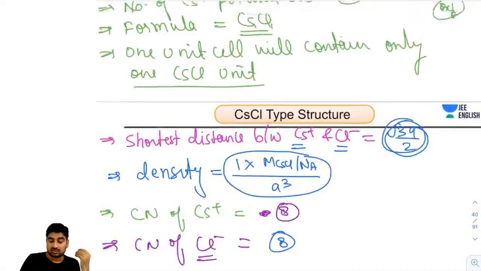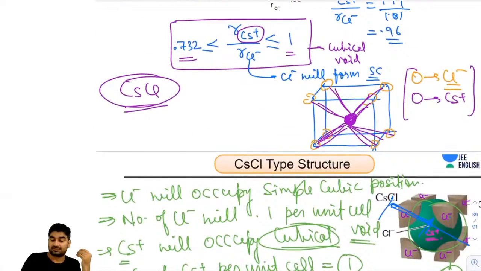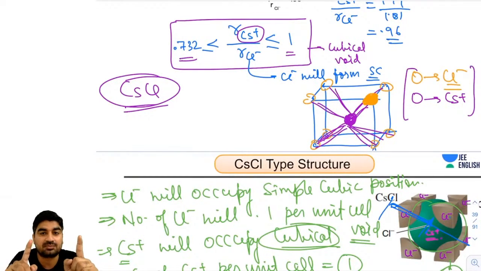How? Let me tell you, guys, if this is one chloride ion, it is present at the corner. And each corner is shared by 8 cubes.